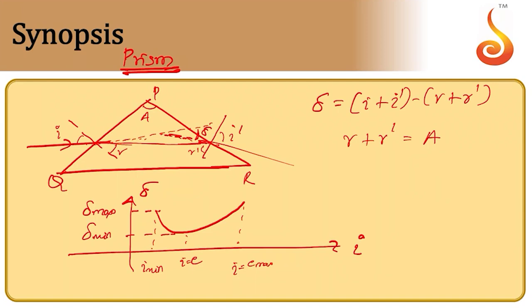So the nature of the graph is of this form. So if you notice, there is one particular angle of incidence for which the angle of deviation is minimum.